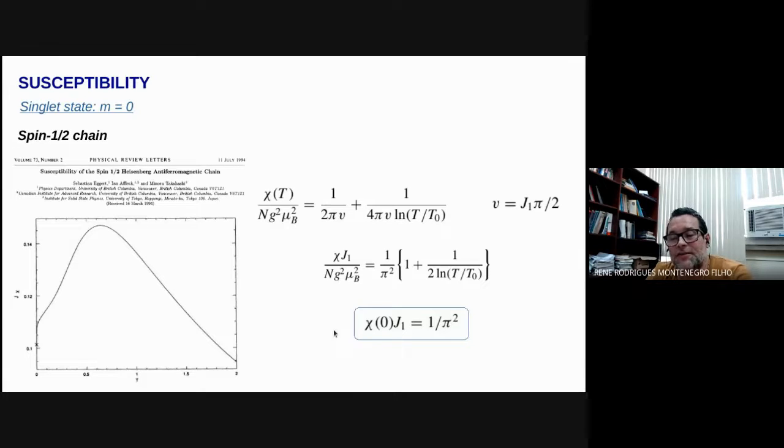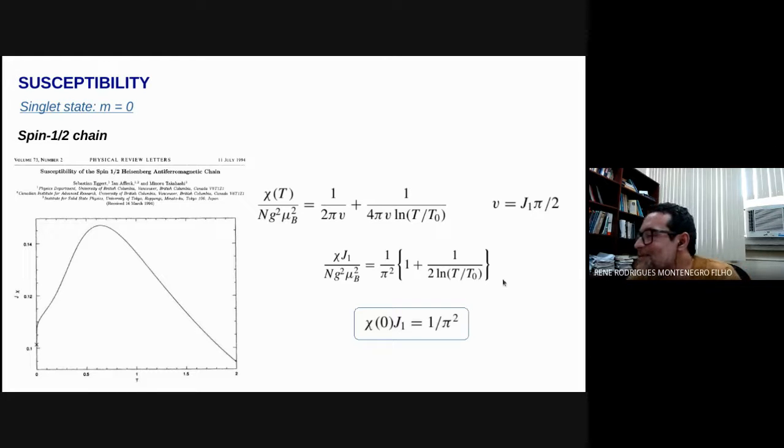It's very difficult to take this value with numerical methods. Even with Bethe ansatz, it's difficult. It's another PRL.